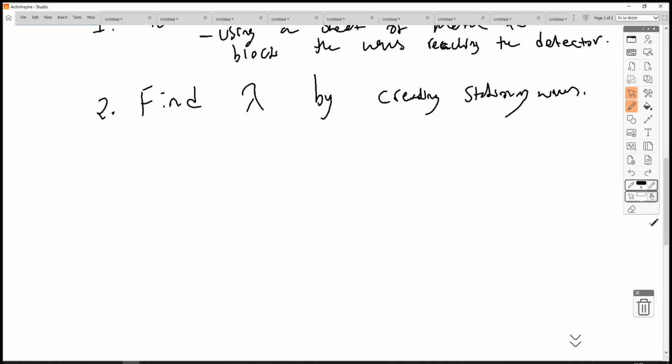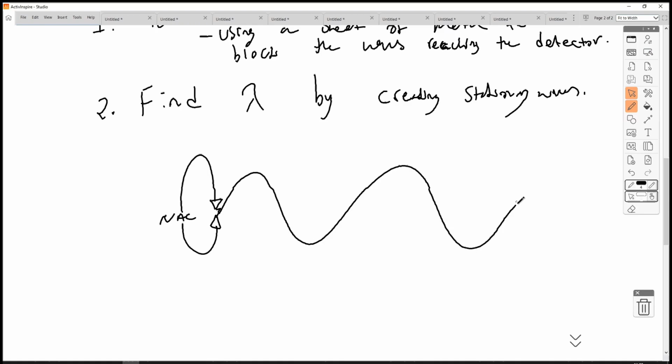So, the way that he would do this is if he had his spark generator here with his AC. These sparks would generate a wave. On the other end, he would have a sheet of metal which would serve to be a reflector.